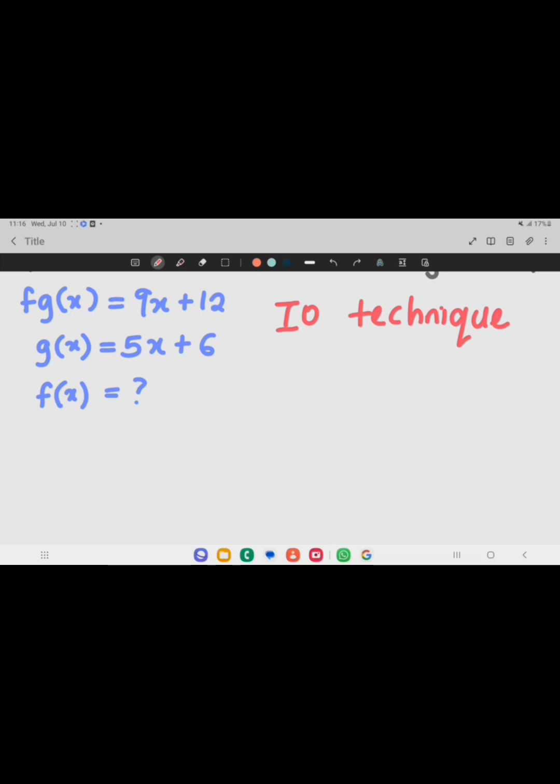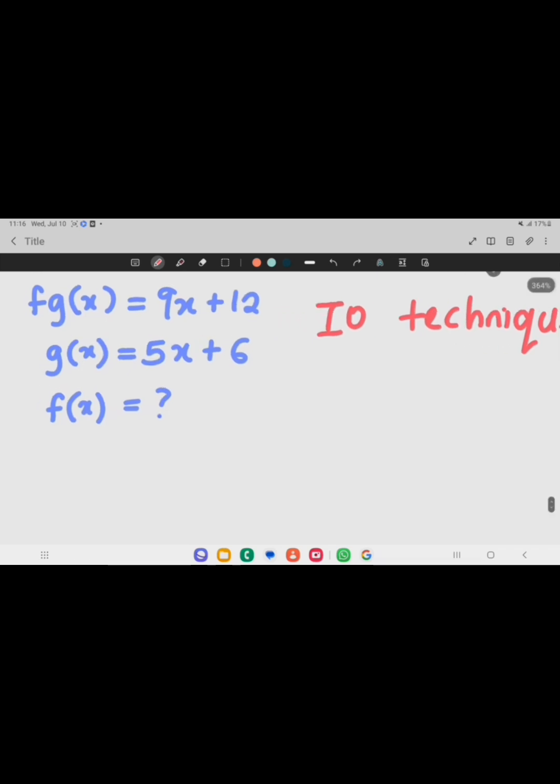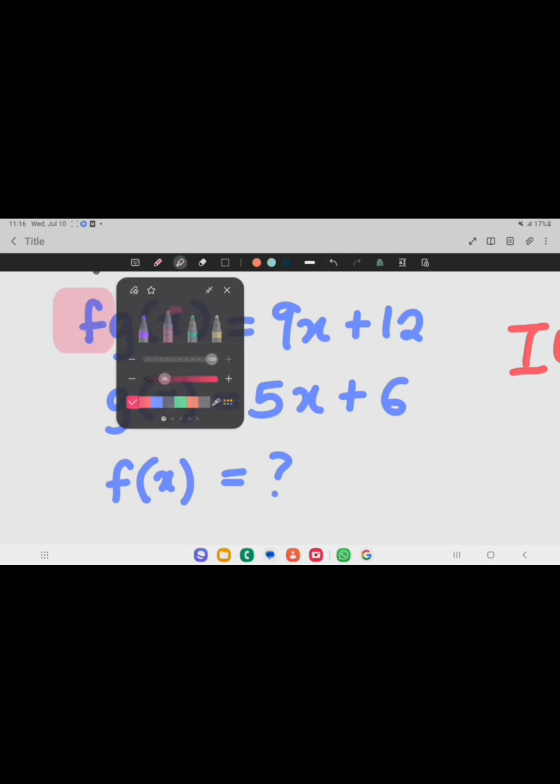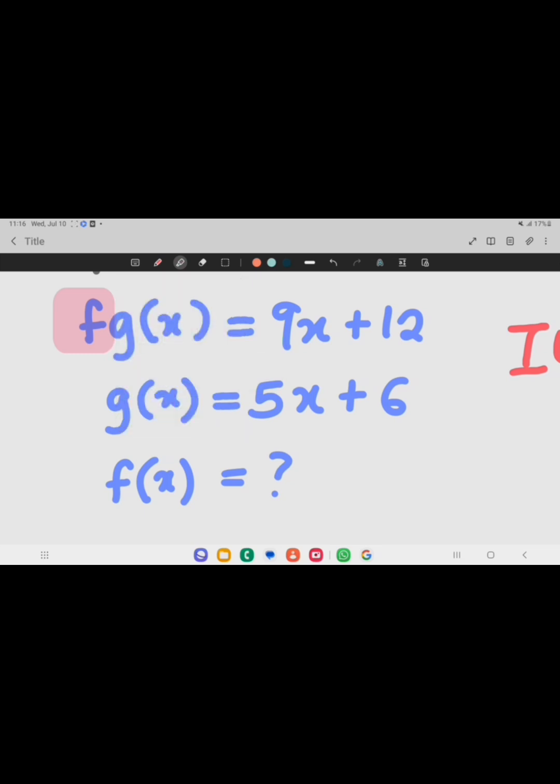To identify that, you look at the composite function given to you. Basically this is the f. From here you can see that f is located outside and g is located inside. So now f(x) is the one that you are supposed to find, right?